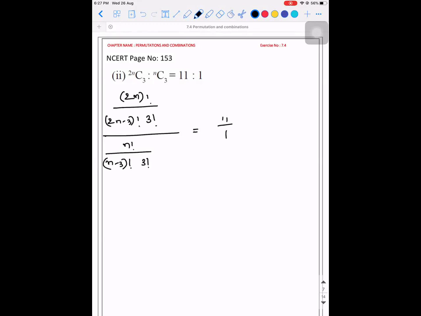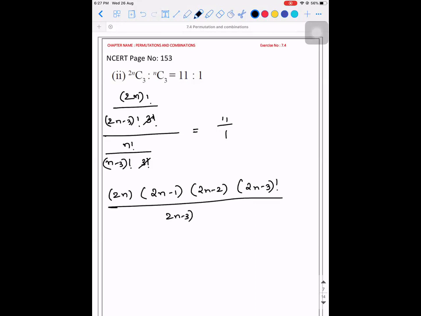So 3 factorial will get cancelled. 2n factorial we can write as 2n into (2n minus 1) into (2n minus 2) into (2n minus 3) factorial, divided by (2n minus 3) factorial. This and this will get cancelled, the whole divided by n factorial divided by (n minus 3) factorial is equal to 11 divided by 1.